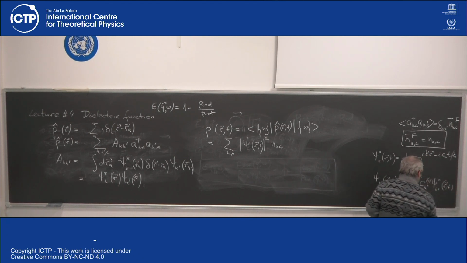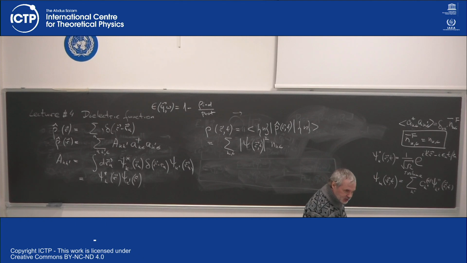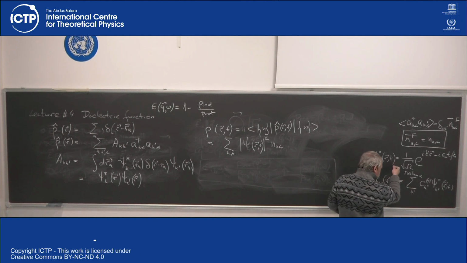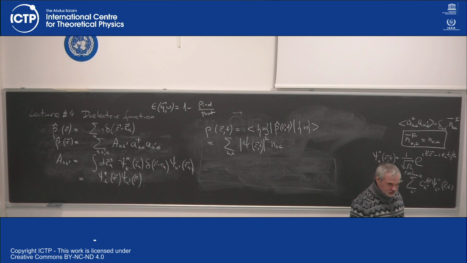And this coefficient also depends on t, in principle. So this is the expansion of my unknown wave function in terms of the full, complete orthogonal basis of the zero-order wave functions, which are plane waves. What I'm going to do, as I said, is insert charges into my system, compute the response to these external charges using perturbation theory, and then compute the dielectric function. Is my logic clear?